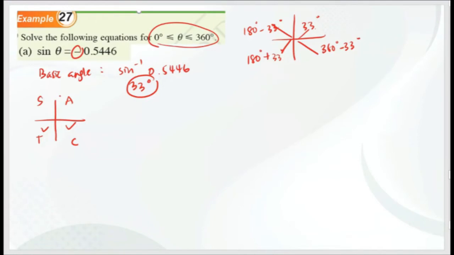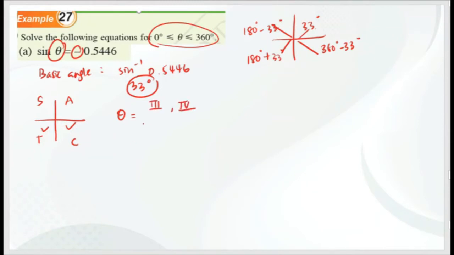So what is your angle? Theta. This is the angle. If here is 2x, then your answer will be 2x. If here is 1 over 2 theta, then your answer will be 1 over 2 theta. Follow the one in the question. So now theta equal to the answer, the angle in third and fourth quadrant.